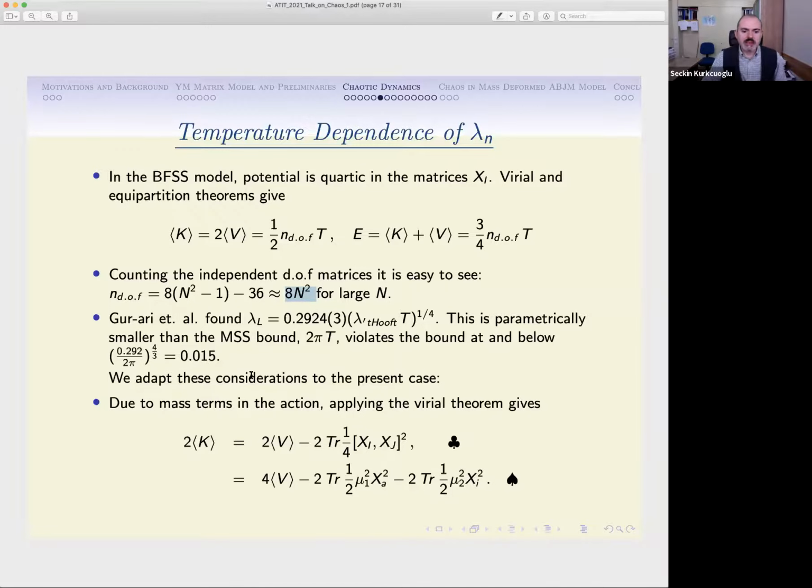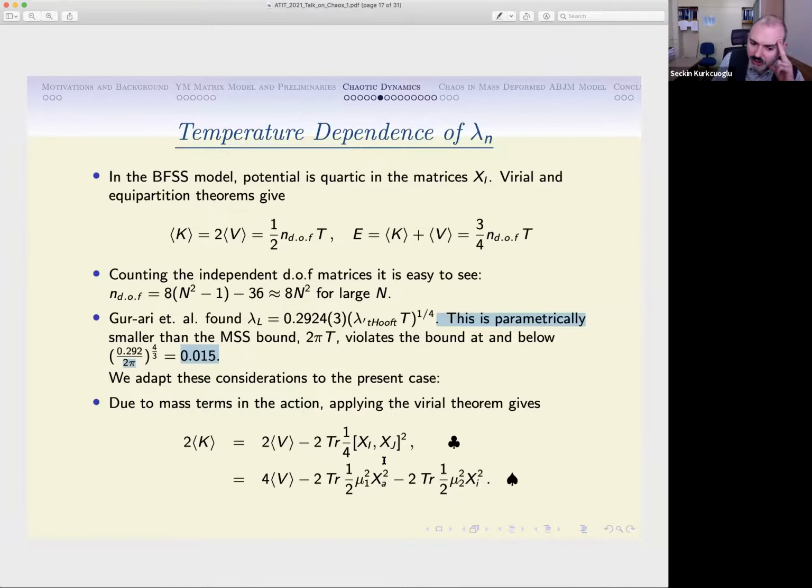And as I have told you before, the Gurari paper found this relation based on dimensional analysis. The lambda L should go like lambda T times temperature over the critical temperature to the power 1/4. So we can adapt these considerations, but we have mass deformation terms.